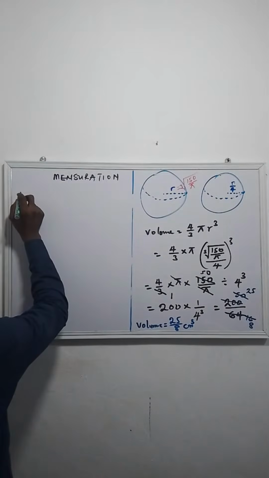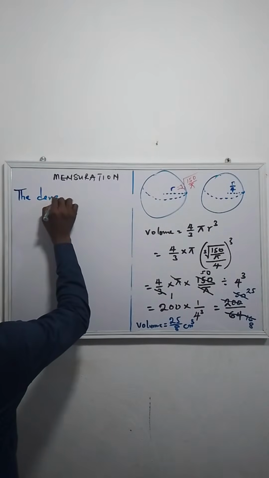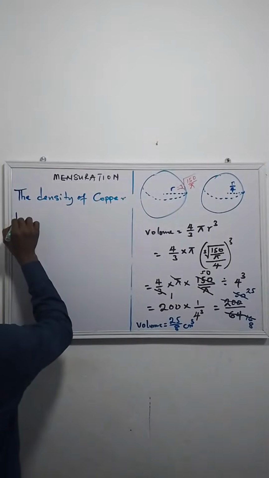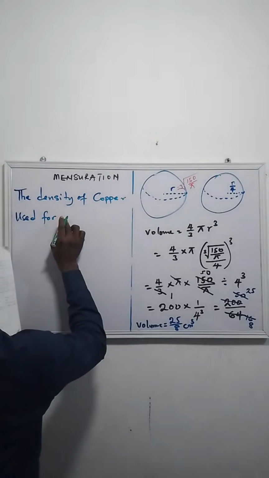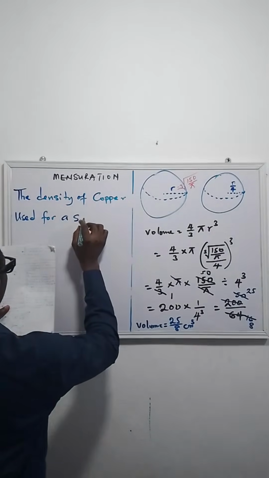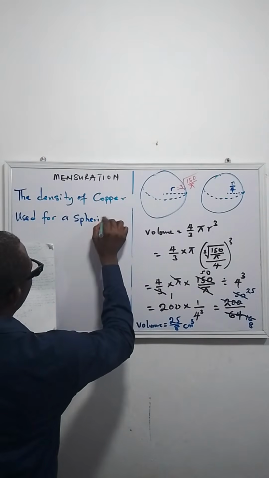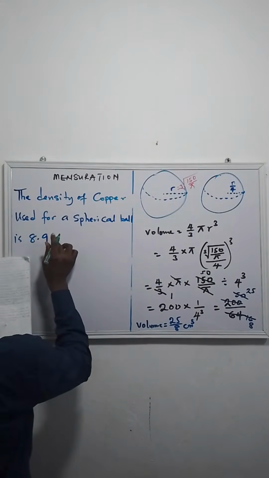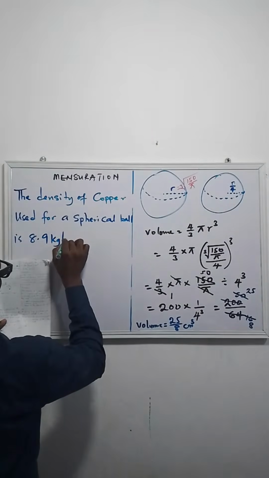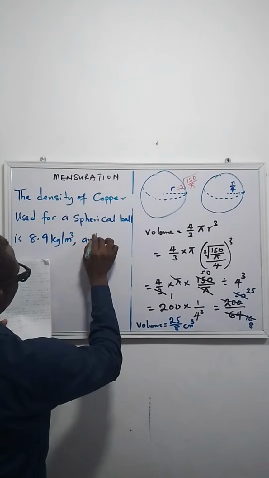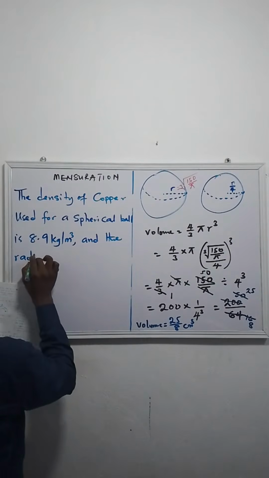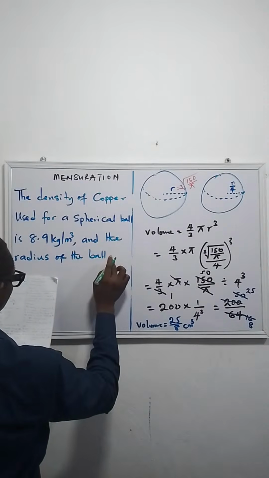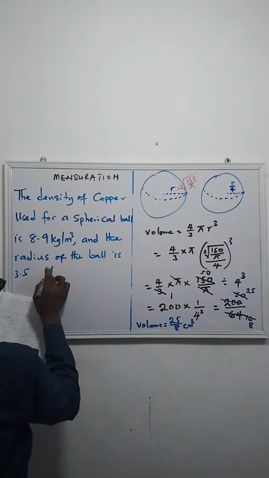Let's look at this, the next one. The density of copper used for a spherical ball is 8.9 kg per meter cube, and the radius of the ball is 3.5 centimeter.